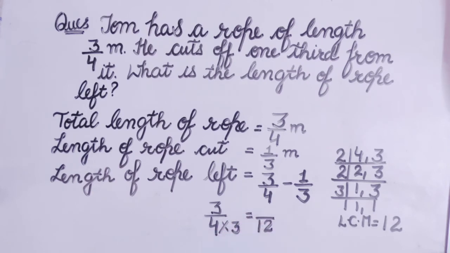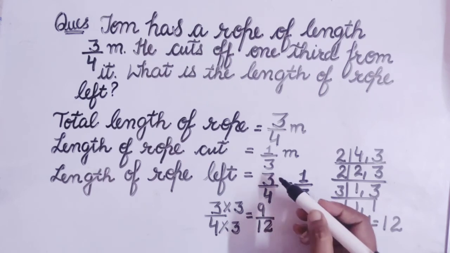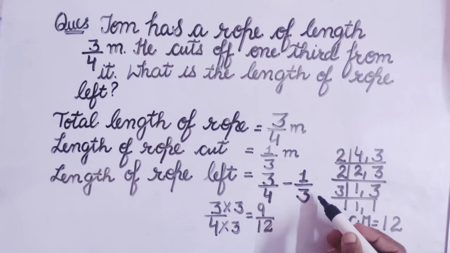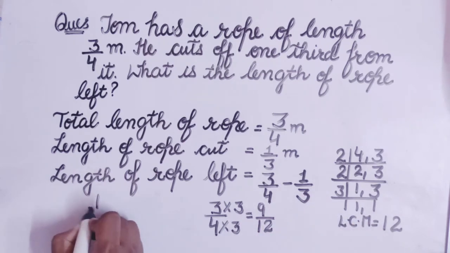And this is a rule, students. If we are multiplying by any number in the denominator, with the same number we have to multiply the numerator. So we will multiply the numerator with 3. 3 3s are 9. Now students, we have made 3 by 4 as 9 by 12. Now let's talk about 1 by 3. Students, the denominator is 3.